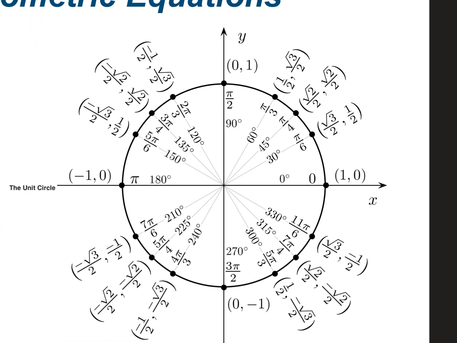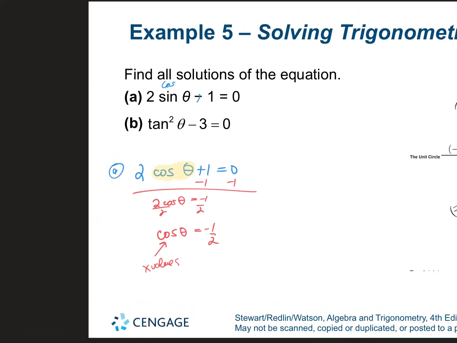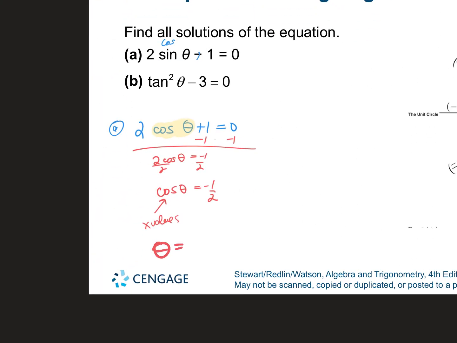Where is x? -1/2. 2 pi over 3 and 4 pi over 3. Perfect. 2 pi over 3 and 4 pi over 3. What do you notice about your denominators of both of those fractions? They're both the same. Make sure you guys are aware of that.